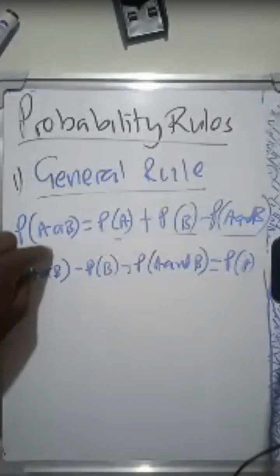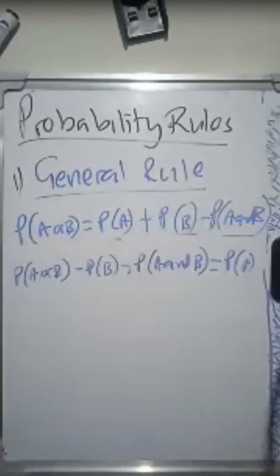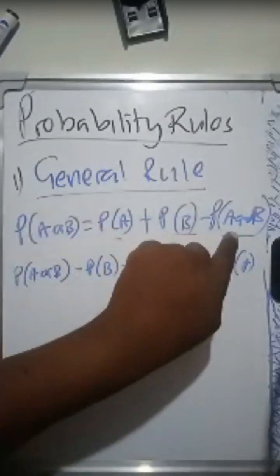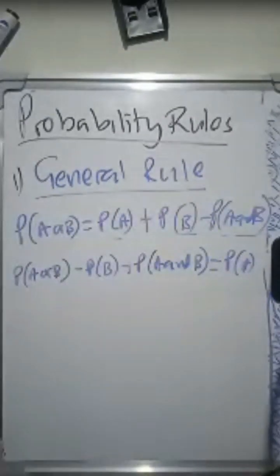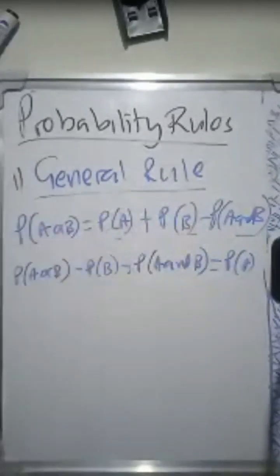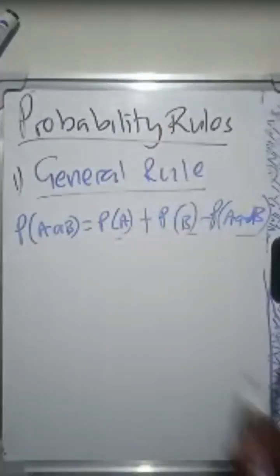If you are given this and that, and you want to calculate this, then you can calculate it. If you are given this and that, and you want to calculate this, then you can calculate it as well. If you are given this and that, and you want this one, it's obvious you can calculate it. So you use the general rule in so many instances. We shall see as we are doing our calculations.